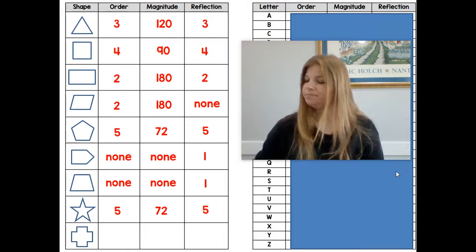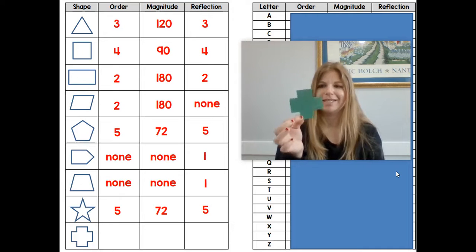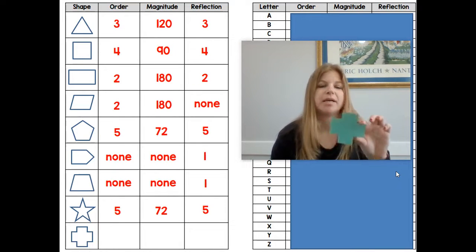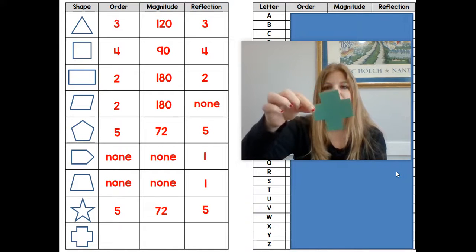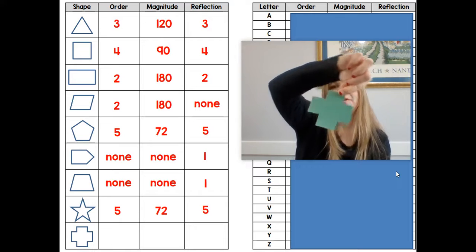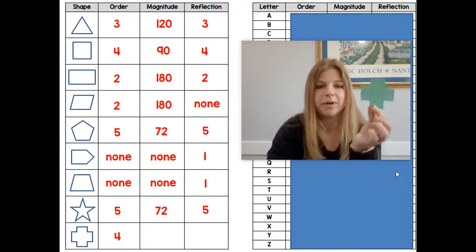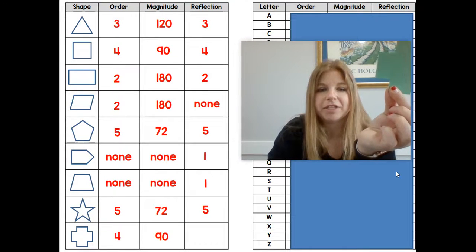And my last one, this figure here. This is an irregular dodecagon, excuse me. So it looks like a giant plus sign. If I had the order, I'd have it 1, 2, 3, 4. Okay, so my order is 4. My magnitude is 90, and my reflection.